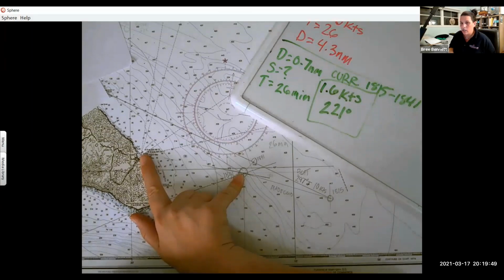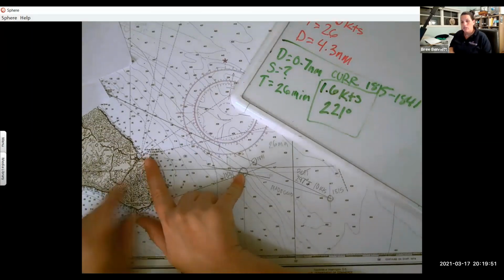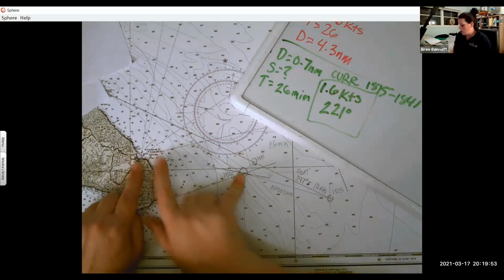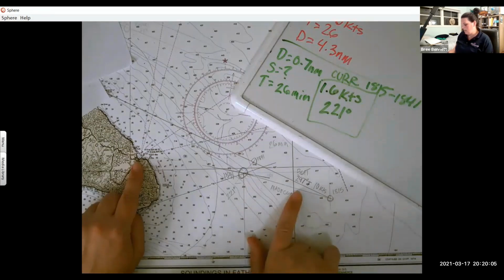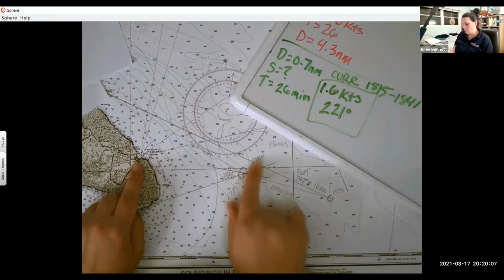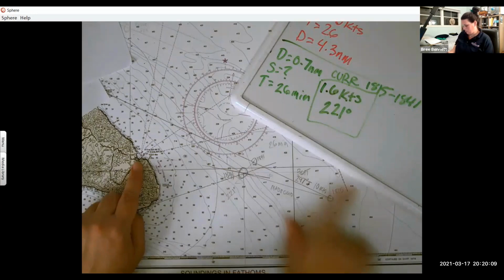And then it gives us a little pro tip to use our ETA from our made good speed, not our boat speed. So have we calculated our made good speed yet? We did not. We calculated what our current was doing.